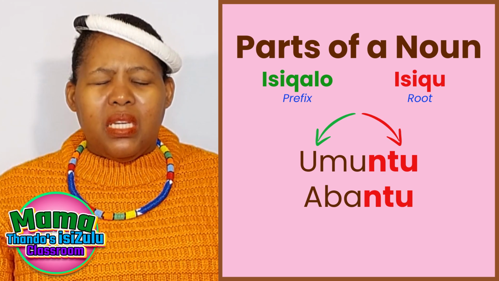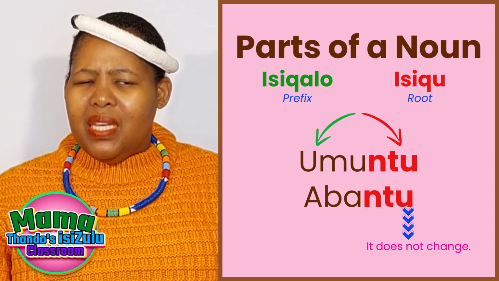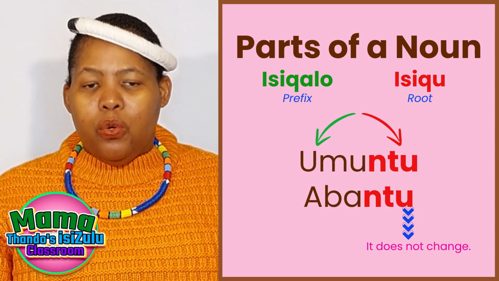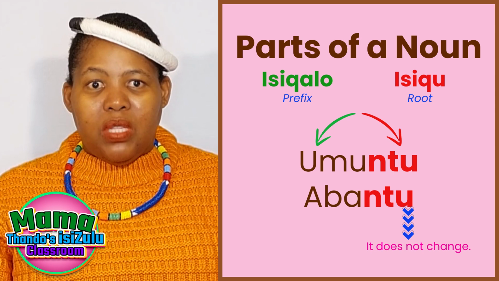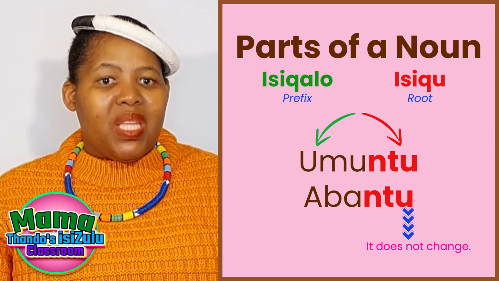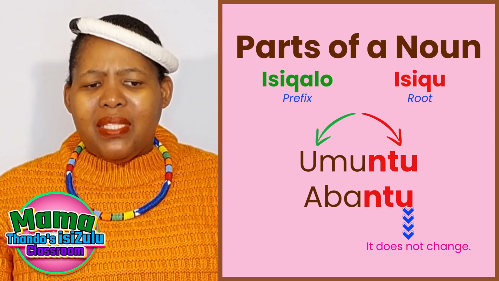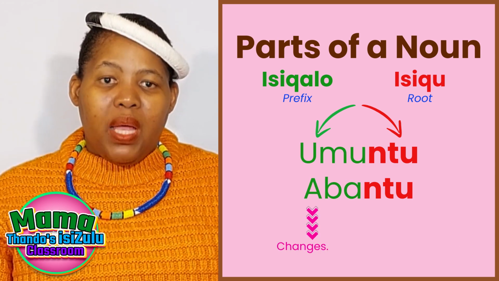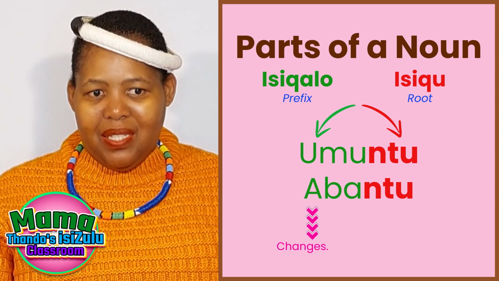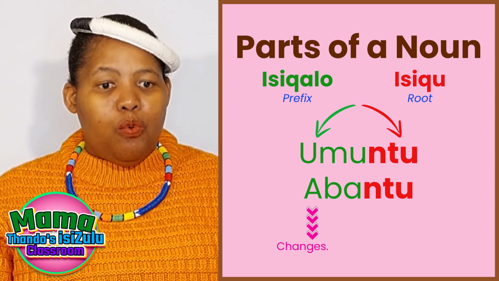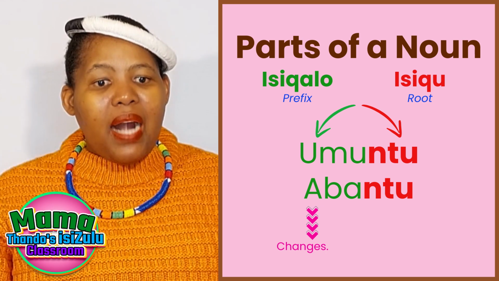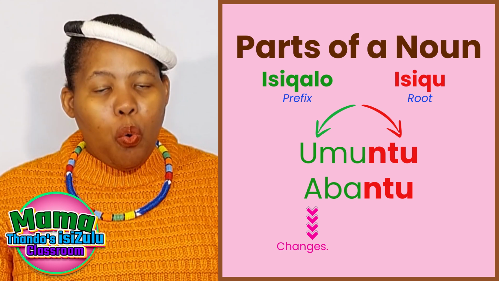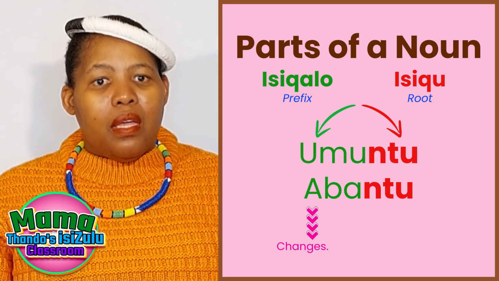The part that is ntu, we see it on both the singular noun and on the plural noun. So that's the part of the noun that does not change. That's the root. The part that changes from umu to aba or from aba to umu, that is the prefix. And so, mngani, for this noun, umuntu, isiqalo of it is umu, and isiqu of this noun is ntu.